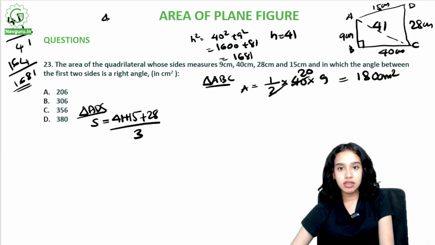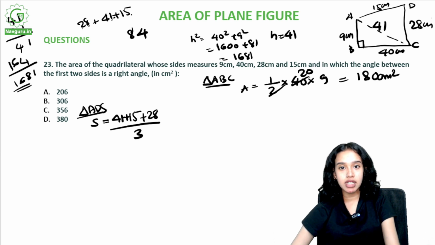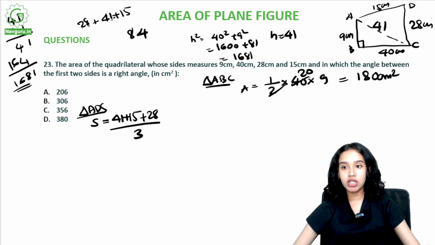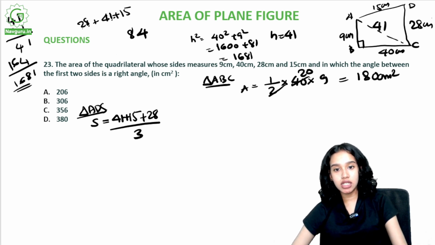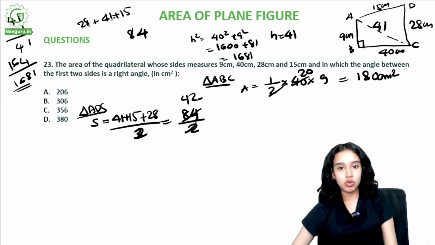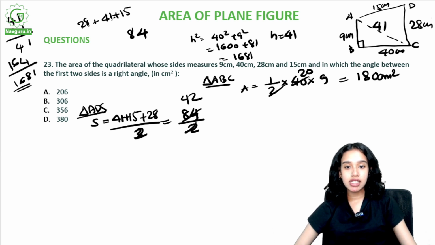So 41 plus 15 plus 28 is 84. It's not 3, it's 2. So it's 84 divided by 2, we get 42, right? So S is equal to 42.